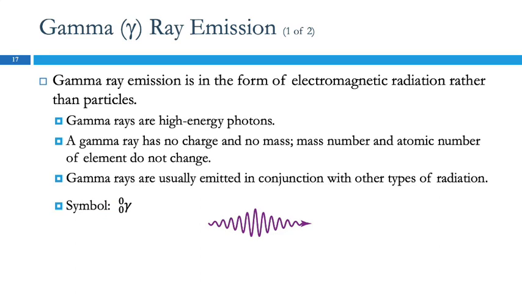So there's not going to be a question where we say, write the nuclear equation for the gamma ray emission of such and such. I mean, there's not really anything to write. It's just this plus the same thing plus 0, right? This usually happens with other types of radiation.